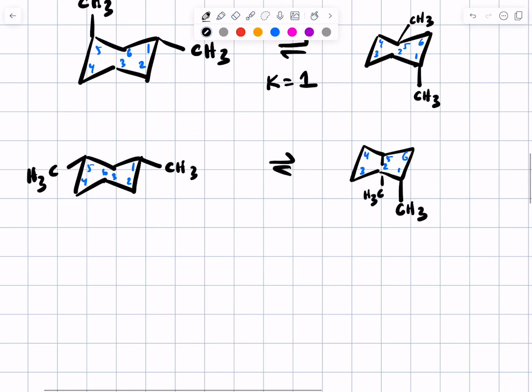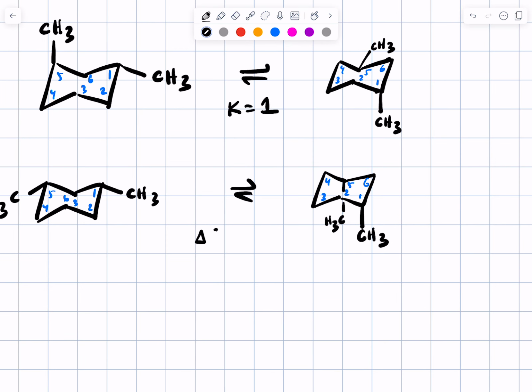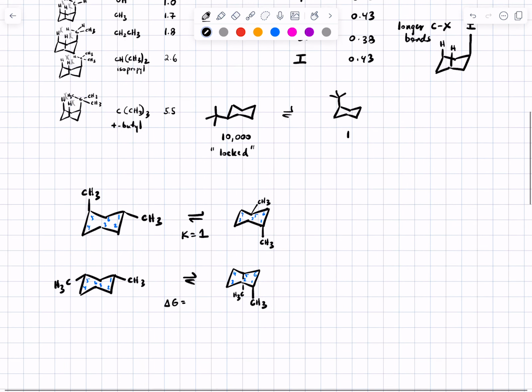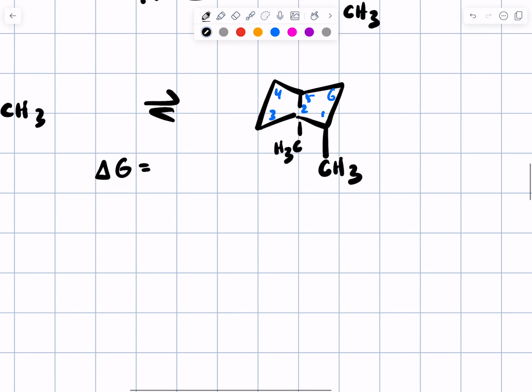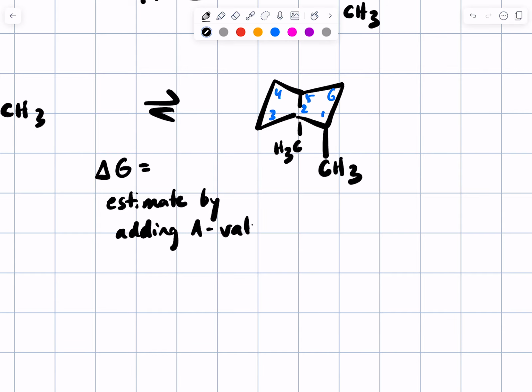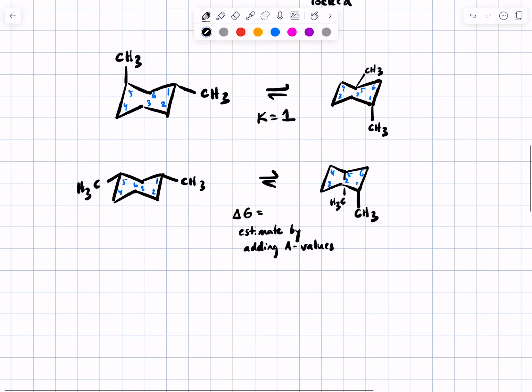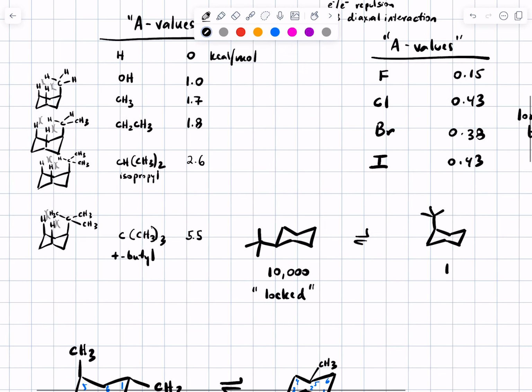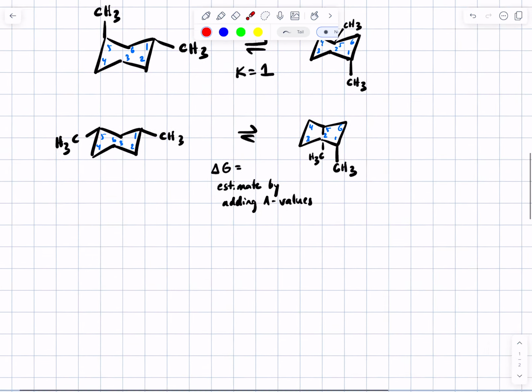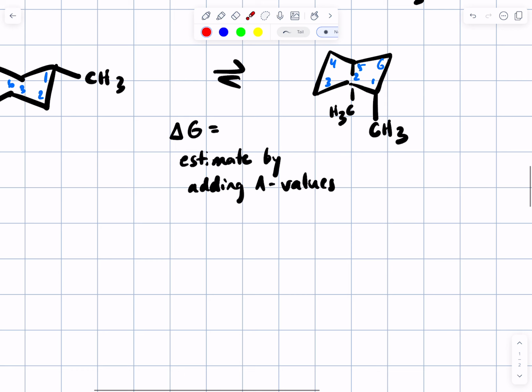And if you had to estimate what the delta G would be for having two methyl groups axial versus equatorial, you can estimate that by using A values. You have to pay attention, right? You've got two methyl groups that used to be equatorial, now they're axial. You'd expect this delta G to be at least twice this A value and maybe higher, all right?